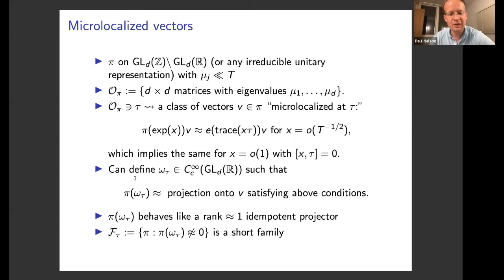I haven't written the formula, but we can figure out what it is just by staring at the conditions. We look at all of the group elements we get from either this condition, x of x where x is of this form, or this condition, x of x where x is of that form. You look at the group elements you can get by multiplying together some bounded number of such things.